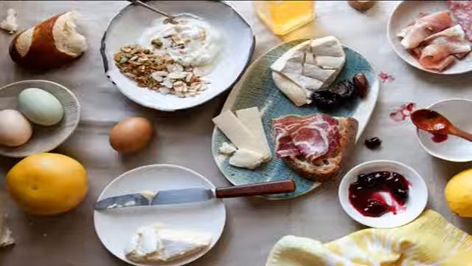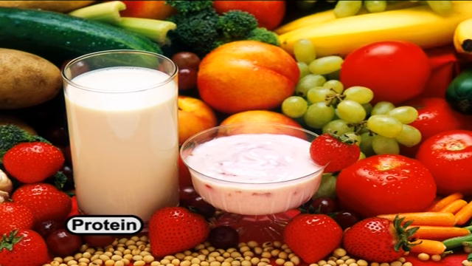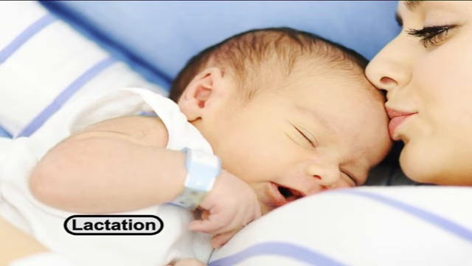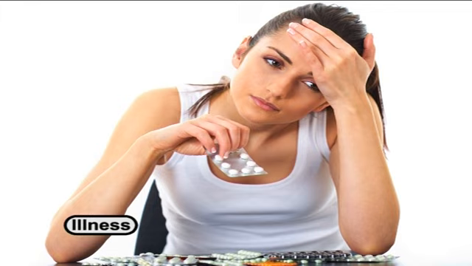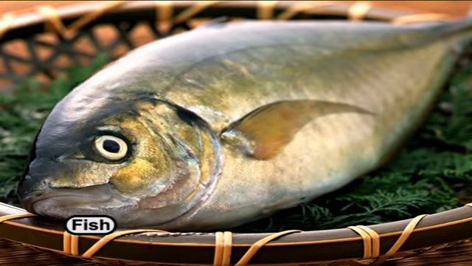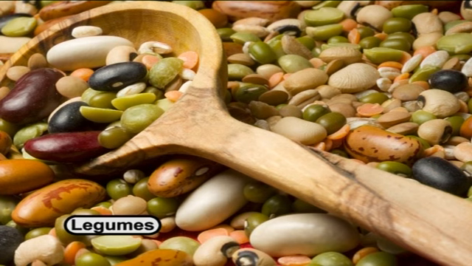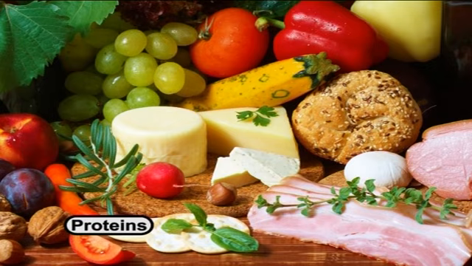Protein requirements vary with age, physiological status and stress, and more protein is required during growth, pregnancy, lactation, infection and illness. Animal foods like milk, meat, fish and eggs, and plant foods such as pulses and legumes are rich sources of proteins.